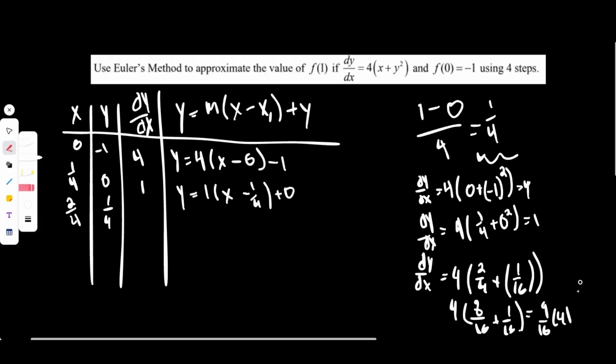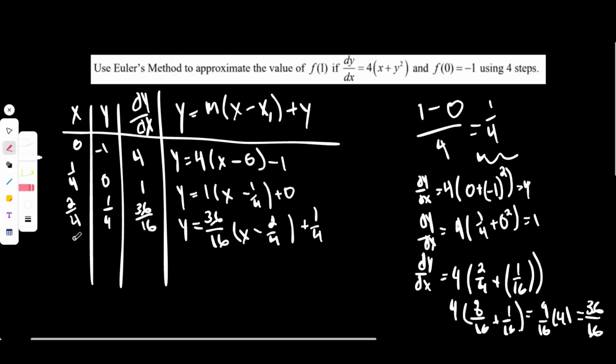This would be equal to 36 over 16. And then we rewrite our tangent equation: 36 over 16 times x minus 2 over 4 plus 1/4. And then we rewrite 3 over 4.